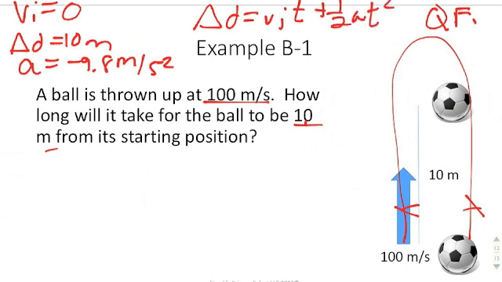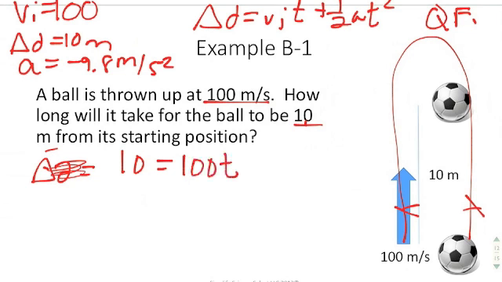And people may be saying, well, how can this be different than the other ones? And you'll see whenever we plug in the numbers. Oh, excuse me, the initial velocity was 100. So now we say delta D is equal to, we've already got that there. We can say that 10 is equal to 100 T plus 1/2 A T squared.